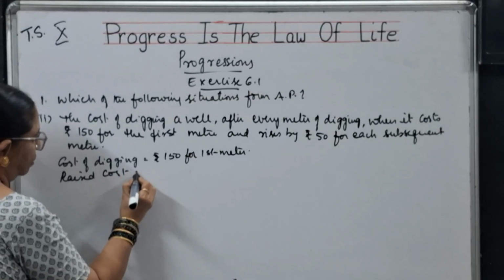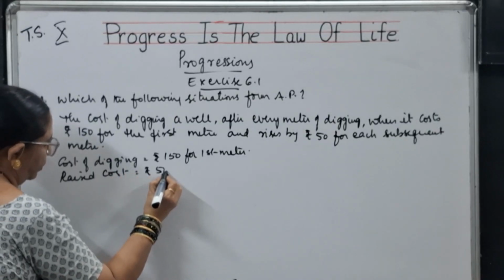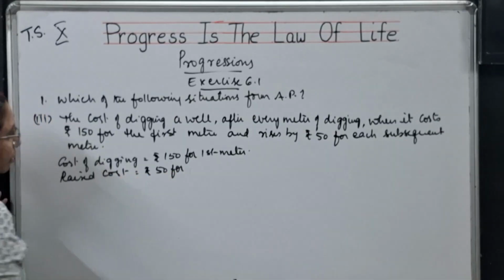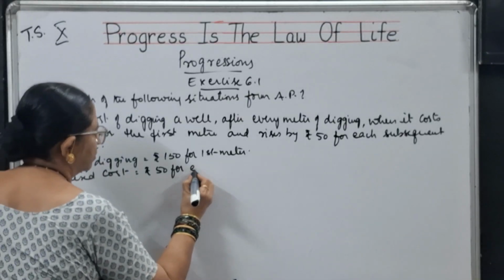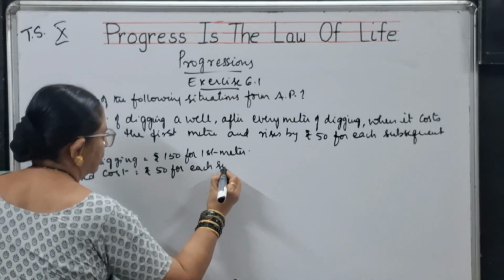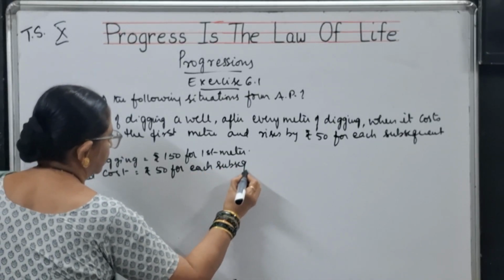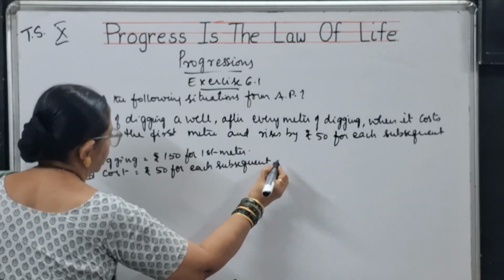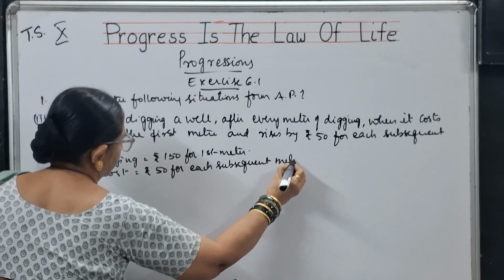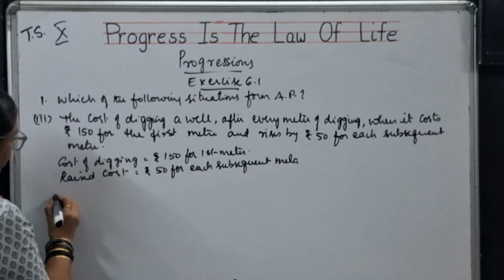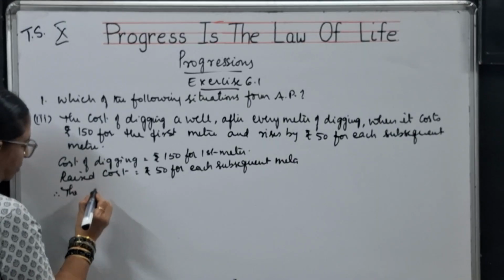Raised cost is rupees 50 for each subsequent meter. So with this, we can write the series.